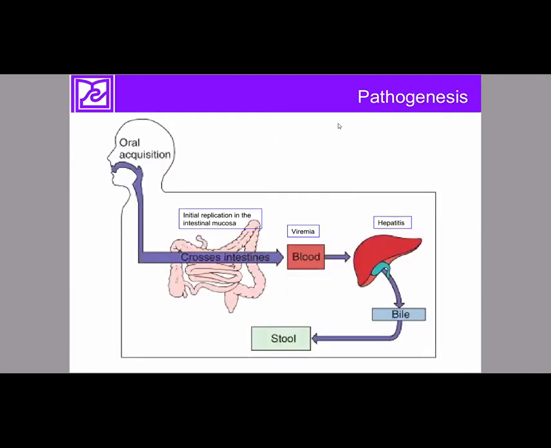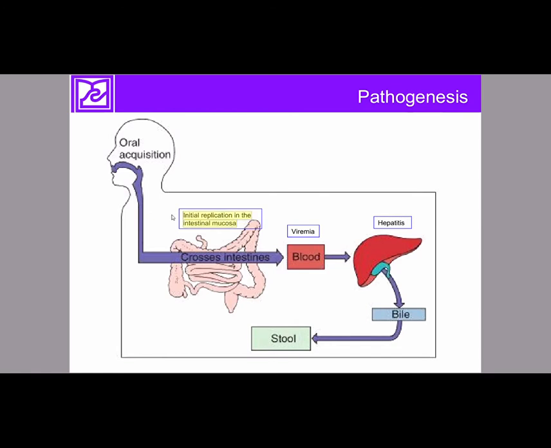This is what happens when we are infected. Exposure through the mouth, oral ingestion. From the mouth, the virus goes to the intestine. And look, this is very interesting. Because hepatitis A virus can replicate in the intestine, in the intestinal mucosa.